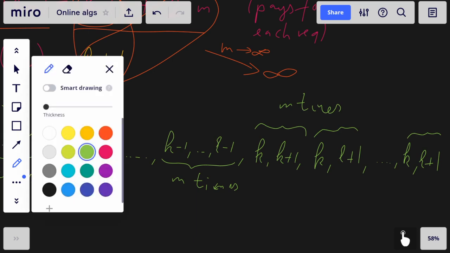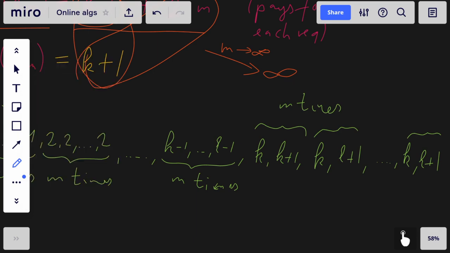Because what happens, the least frequently used algorithm will just have at this point, it will pay k minus 1 till this point, and then we have the 1 m times, the 2 m times, and so on, the k minus 1 m times, if we use the frequency counting as a superscript.